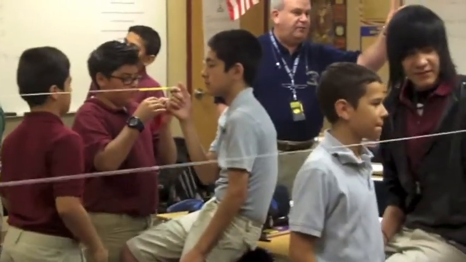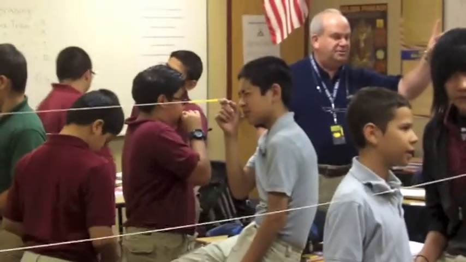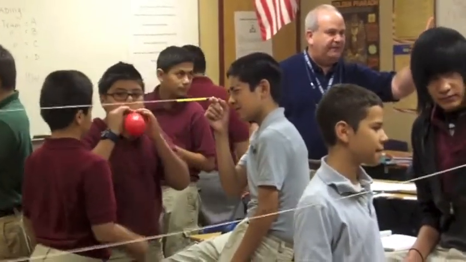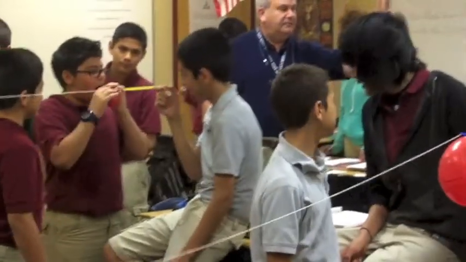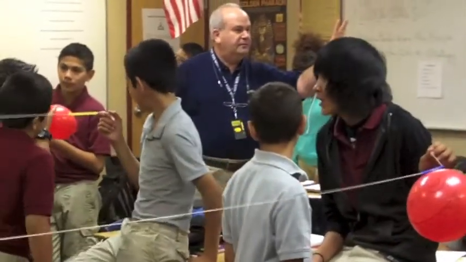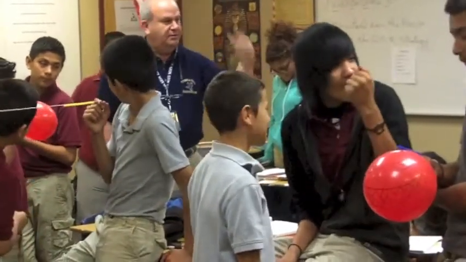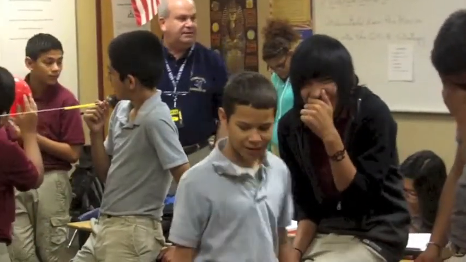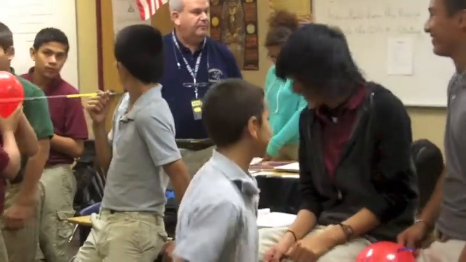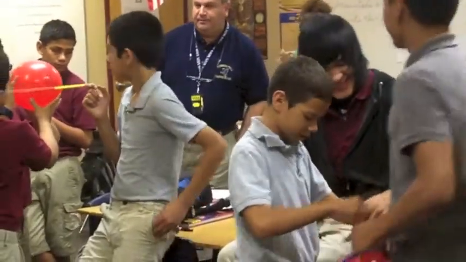Because your balloon is what? At rest. So it doesn't want to move, as some of you are finding out. The amount of force on the second law, how much force do you need? And the third is the obvious one. What's the action and reaction? All right, let's go.